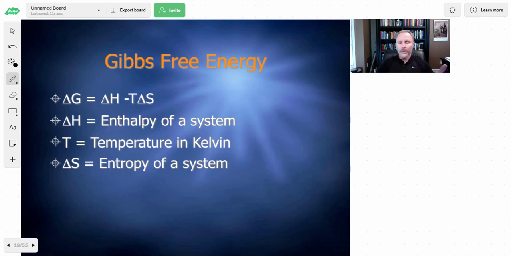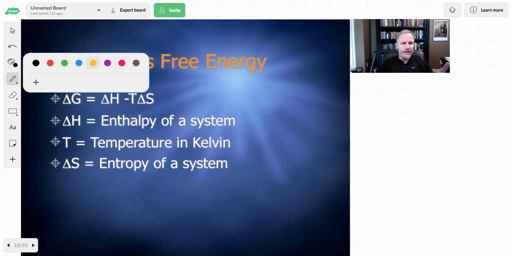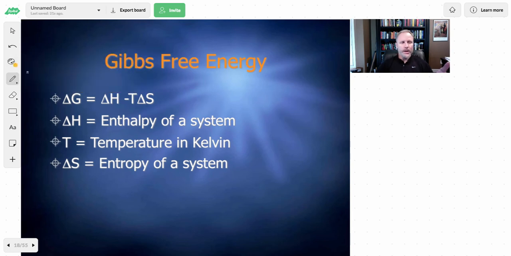So when we're talking about the Gibbs free energy here, we have this equation. And what we're concerned with is delta G and the value of delta G, okay? And this is related to the change in the enthalpy minus the temperature times the change in entropy. So we're concerned with what's going on here and how it relates to the change in the Gibbs free energy.